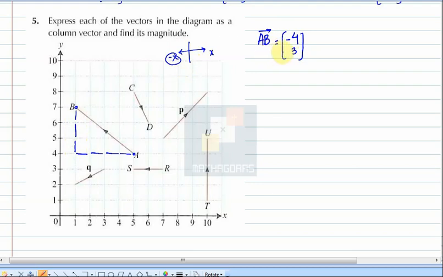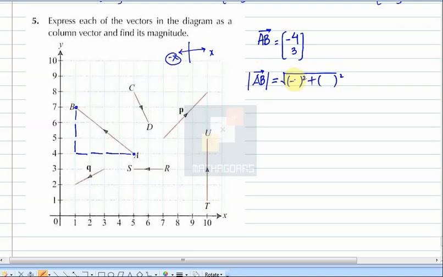Now we need to find out the magnitude, so it's AB, that is the representation of a magnitude with a modulus sign. So working formula, we know that it's x square plus y square.